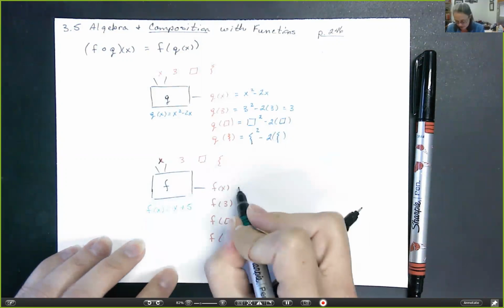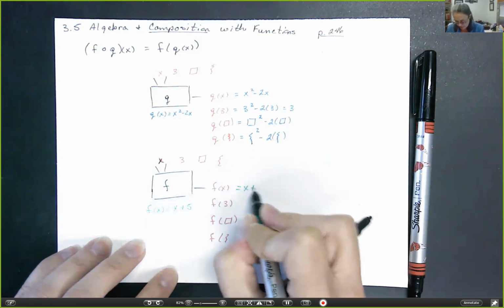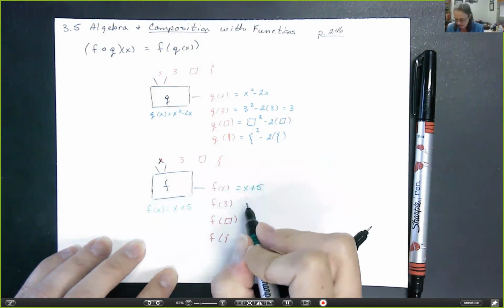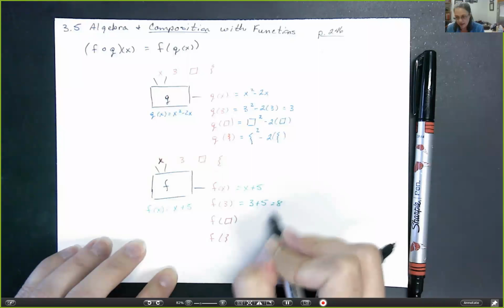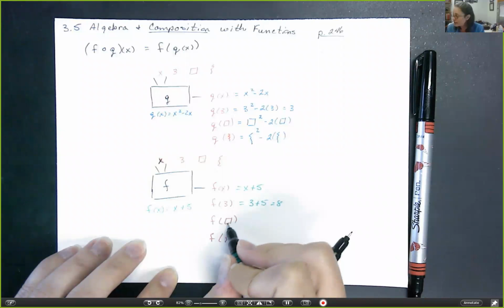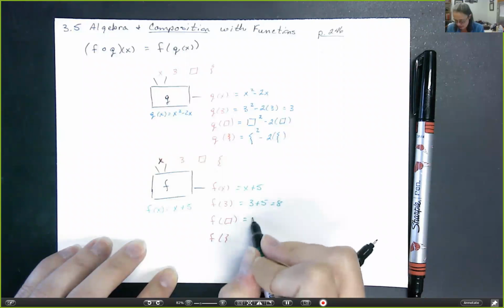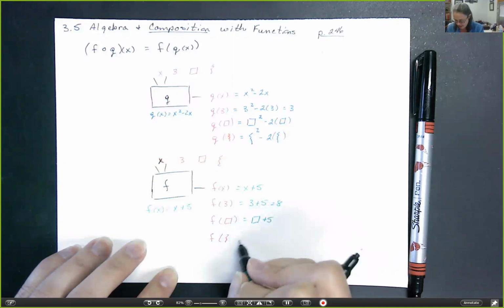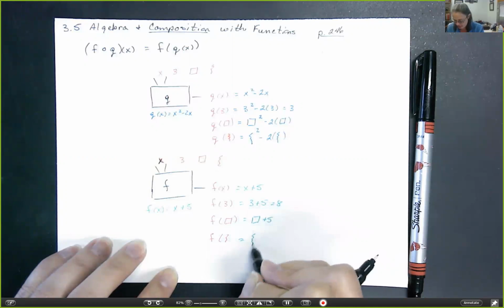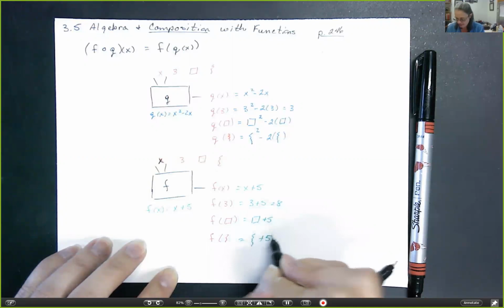Then F of 3 is 3 plus 5, or 8. F of the box is that box plus 5. F of squiggle D is squiggle D plus 5.